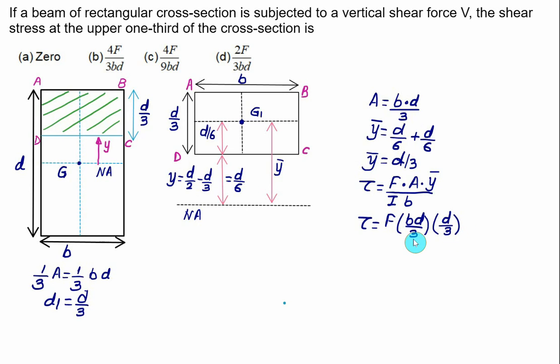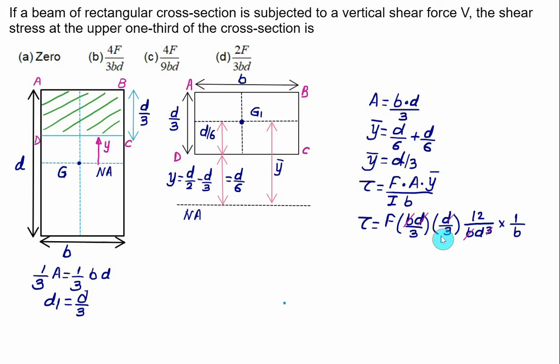So numerator is complete. Now I is the moment of inertia. Moment of inertia is B D cube divided by 12, and width is equal to B. So we have 1 by width B. So this B and this B will cancel out. D square, so D cube, so only one D is left.